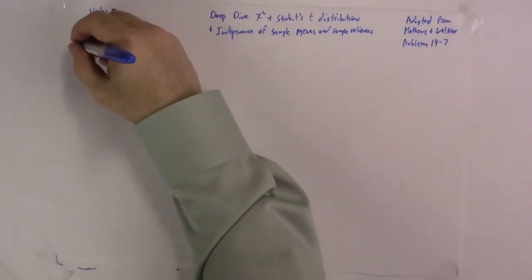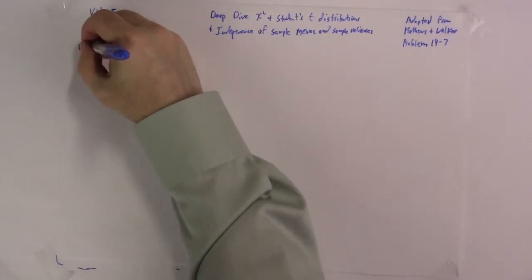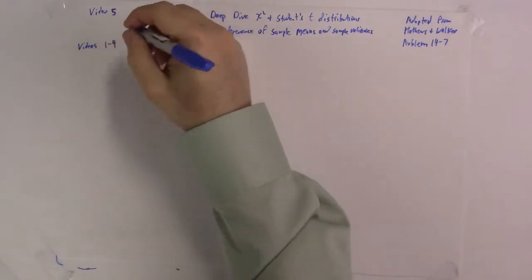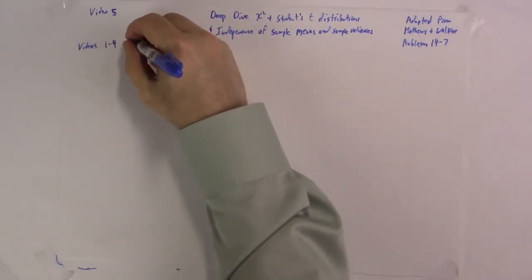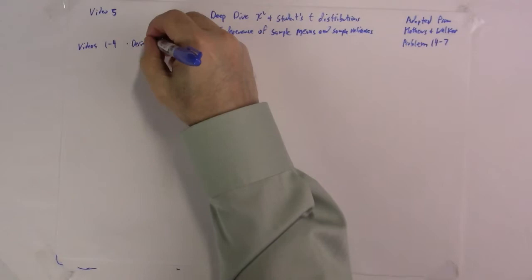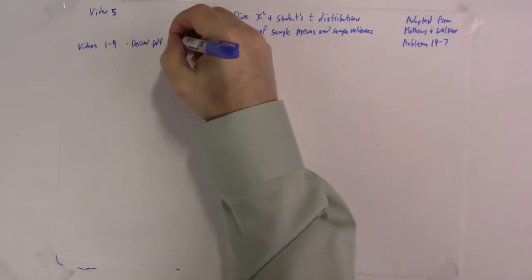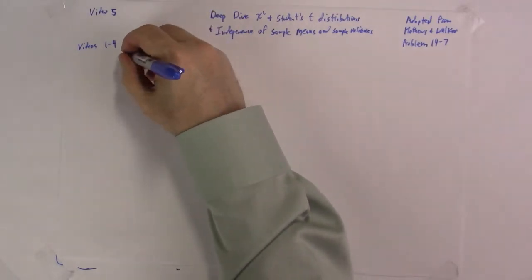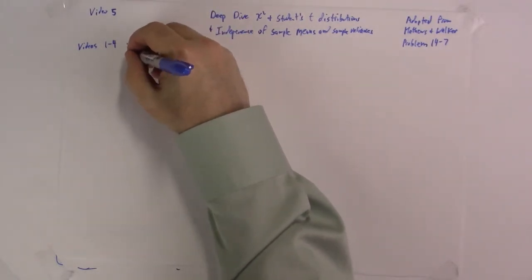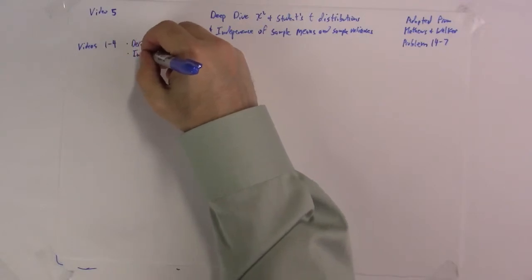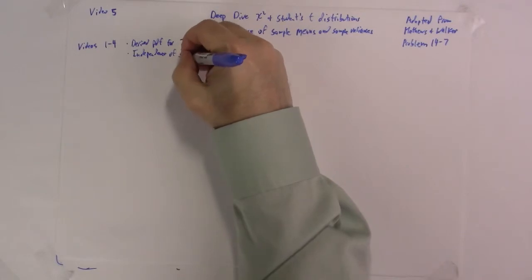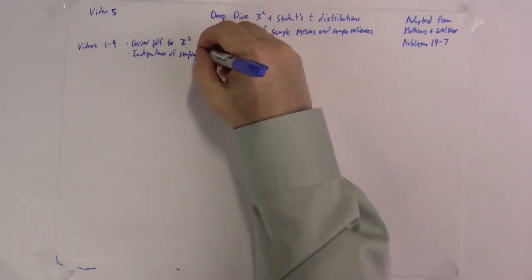And so previously we derived the PDF for the chi-squared distribution. We derived the independence of sampling means and variances.